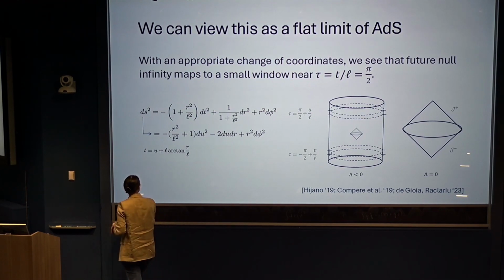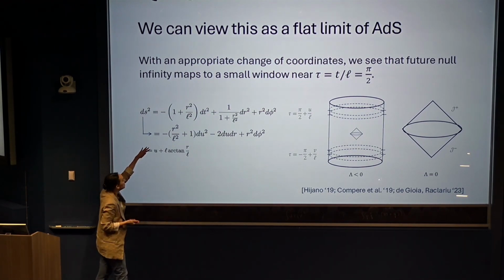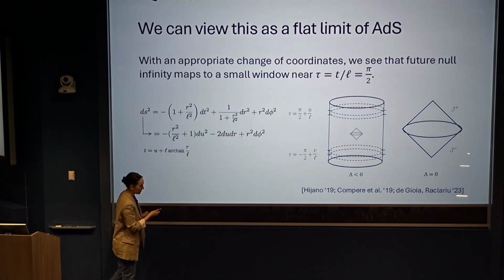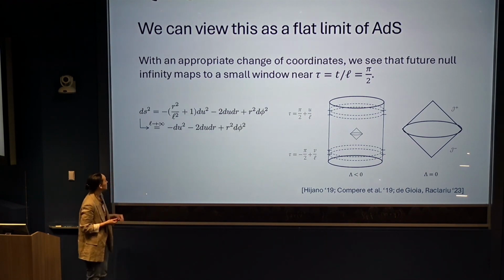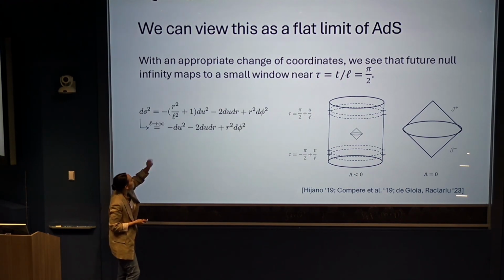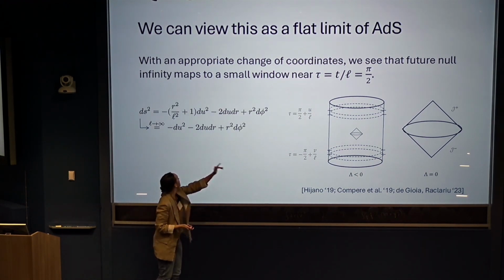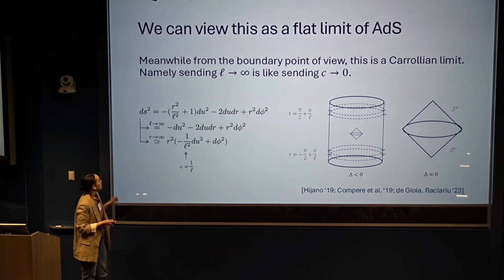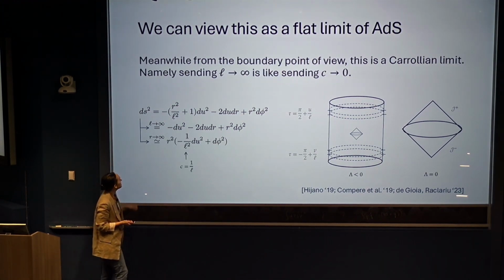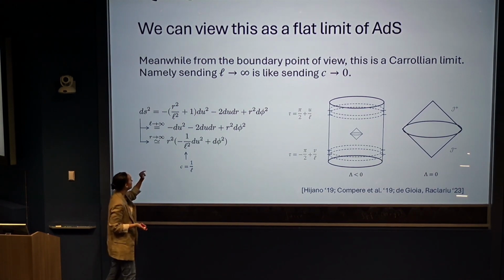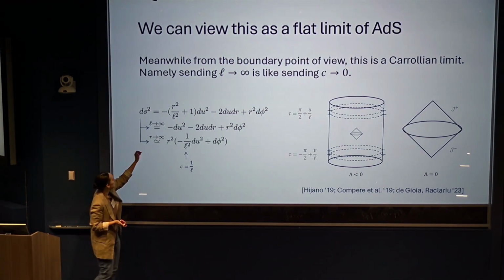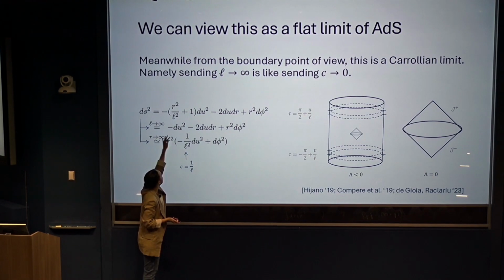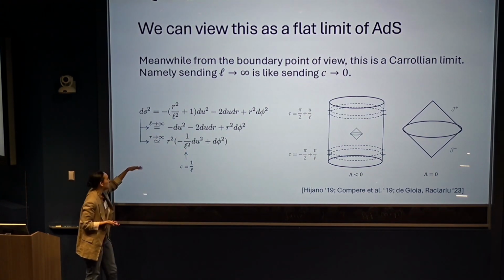So I do this coordinate transformation, and so now I see written, instead of the time coordinate, this retarded time u, and in particular, I can ask different questions. If I take this metric and I just send my AdS scale to infinity, I get back the flat metric I had on the previous slide, versus if I instead had said, let me send r to infinity first, then the cute thing that I see is that this AdS scale is appearing here. The parts of the flat metric that didn't have any r squared out front are subdominant.